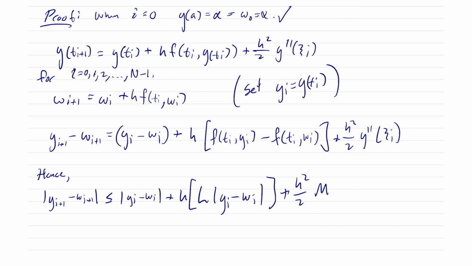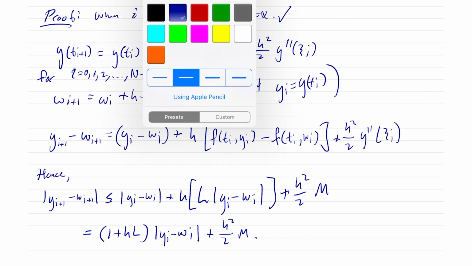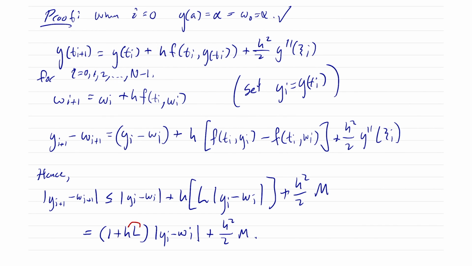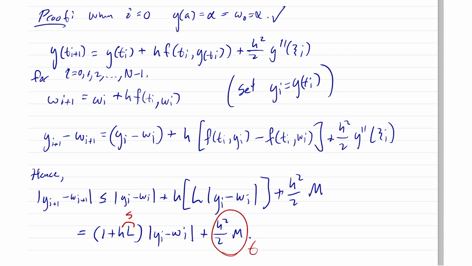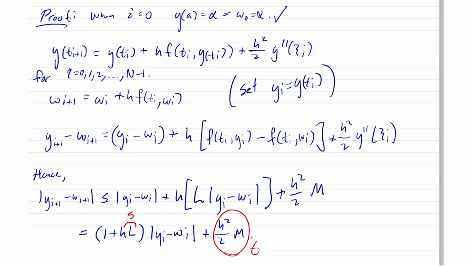Great. Now let's do a little bit of factoring, and I think we're almost done. (1 + hL)|y_i − w_i| plus h squared over 2 times M. If you squint a little bit, we can see that this is going to be our s term from that one theorem, and this is going to end up being t. So we can just jump to the conclusion here.